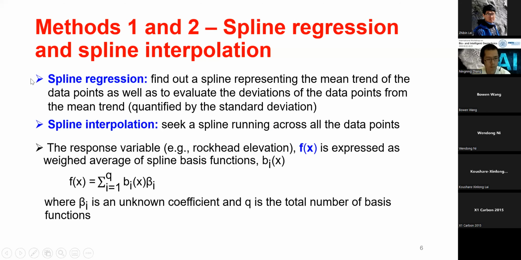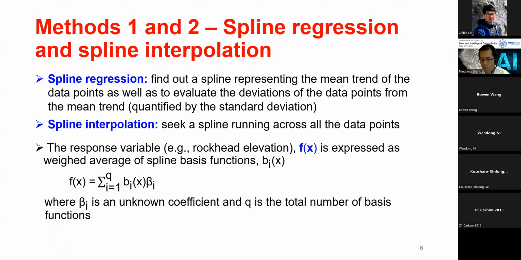Here is the second part, the methods introduction. As you may know, splines are piecewise polynomial functions. They can be either high order or low order, such as linear functions. The spline regression method is to find a spline representing the midpoint of the raw elevation, and also to evaluate the deviation of the data points from the midpoint.